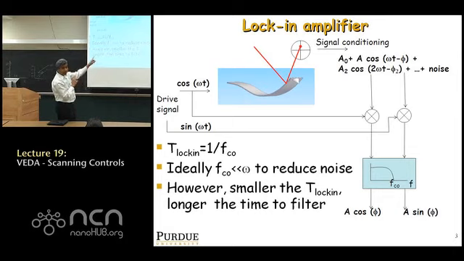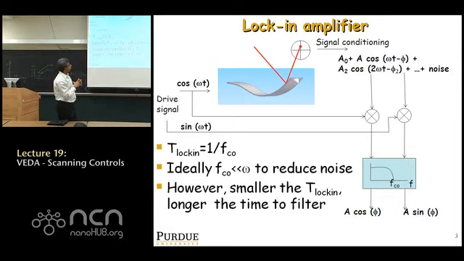So I write cosine of omega t minus phi as cosine omega t cosine phi minus sine omega t sine phi, and multiply the whole thing by cosine omega t. I'm basically left with a term that is A cosine phi, maybe divided by 2. It's not so important, okay?